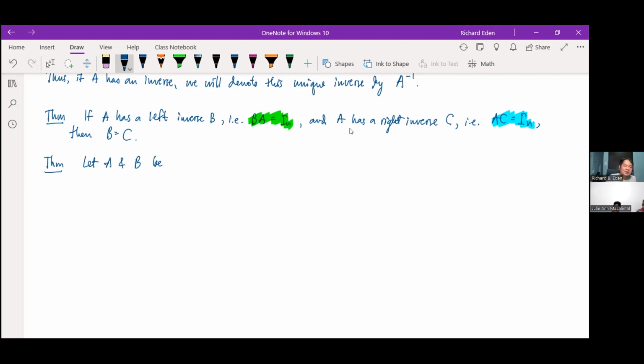Let A and B be non-singular n by n matrices. Okay. When you multiply AB, this is also going to be non-singular.